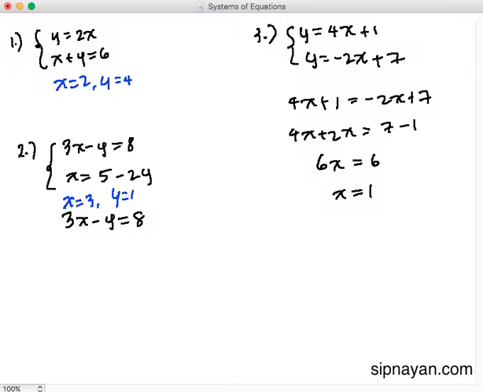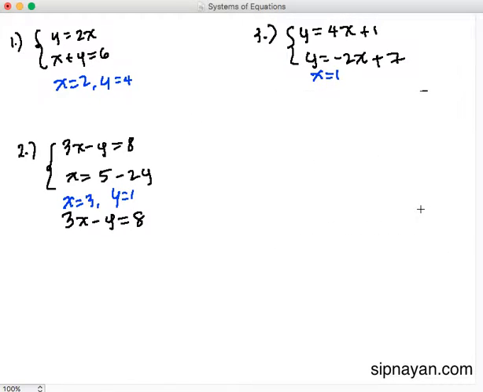So our solution is x equals 1, and of course we still have to substitute into the equations. Let's use this one so we have all positives. So y equals 4 times 1 plus 1, so y equals 5.